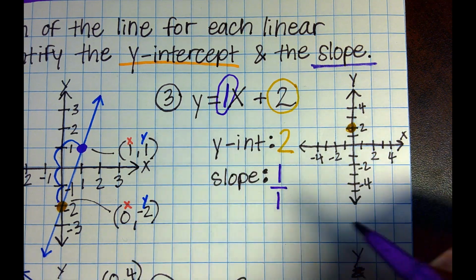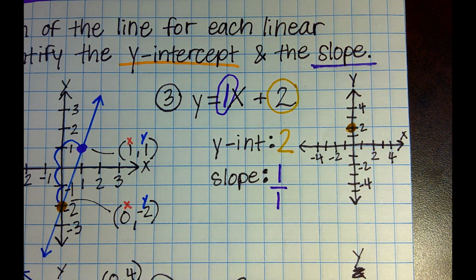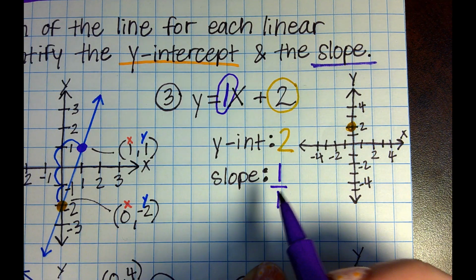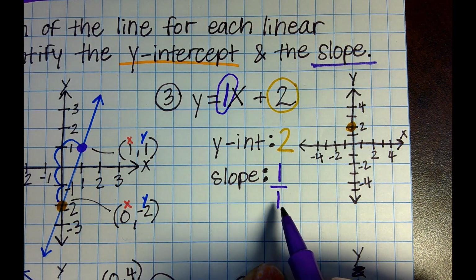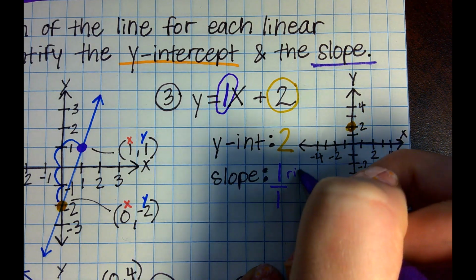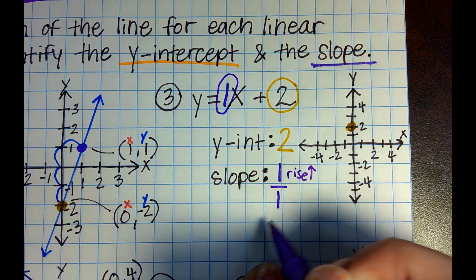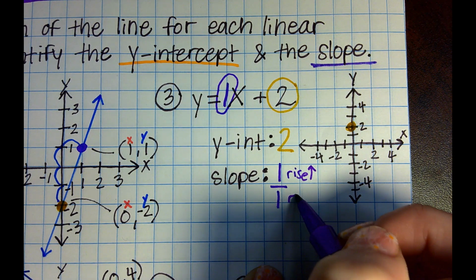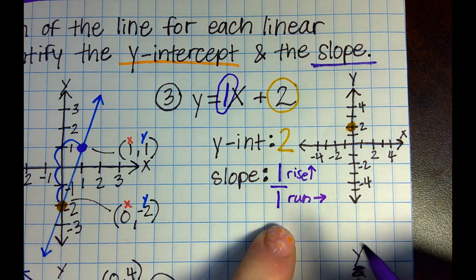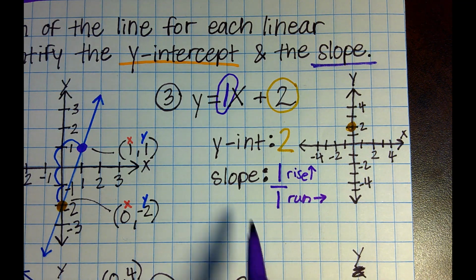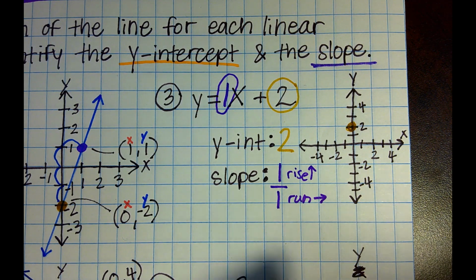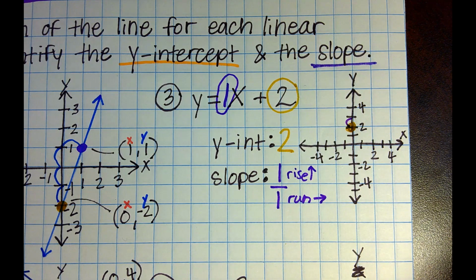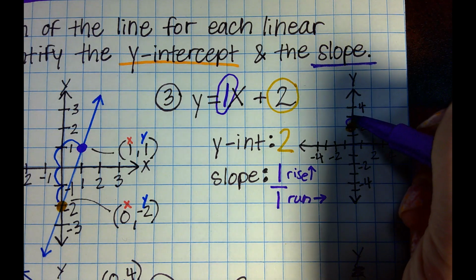Remember, we're just going to be using the numbers from our slope to find rise over run. So if it's 1 over 1, our rise is up 1, and our run is just going to be over 1. We're just going to use the numbers from slope. So let's go up 1 over 1.